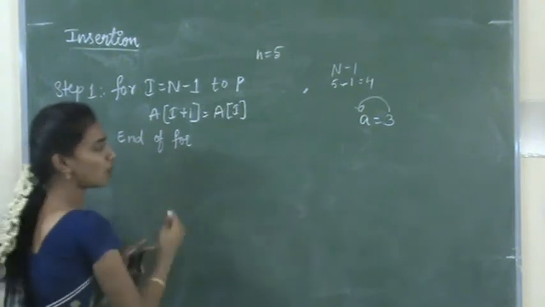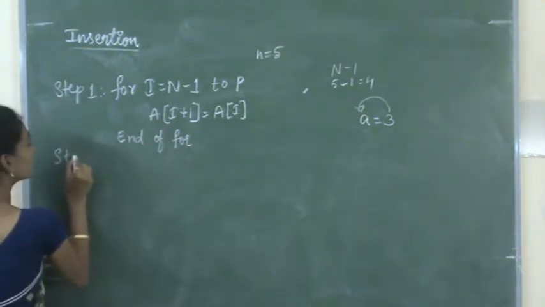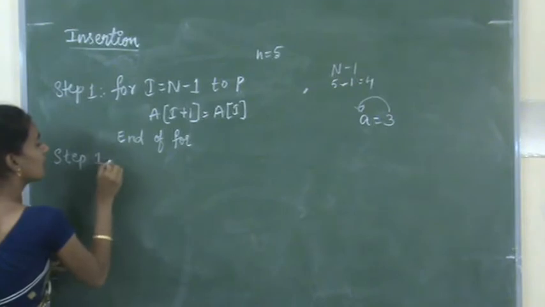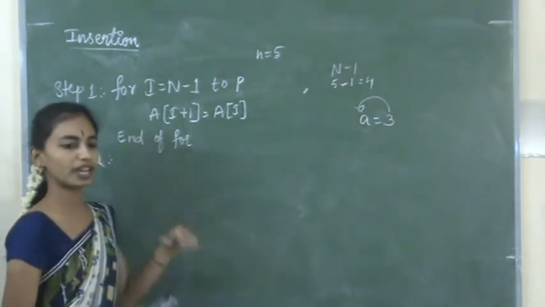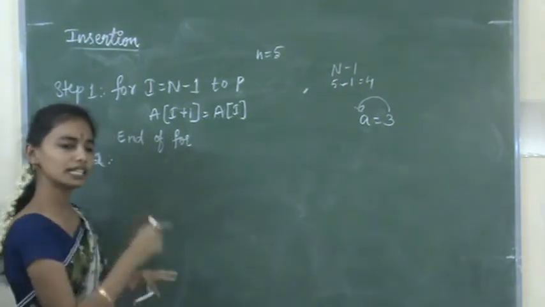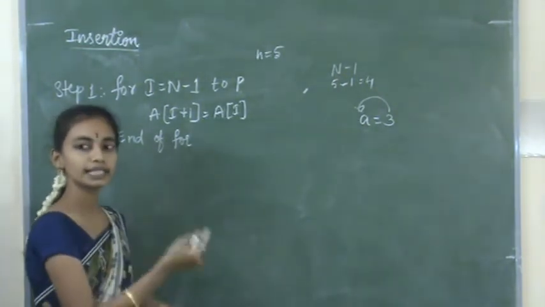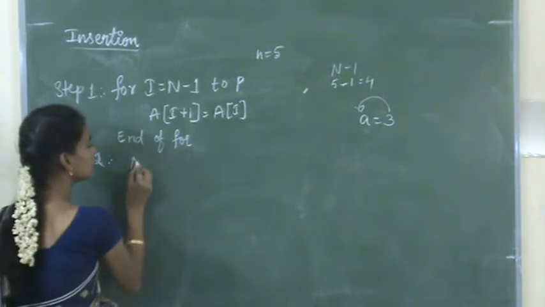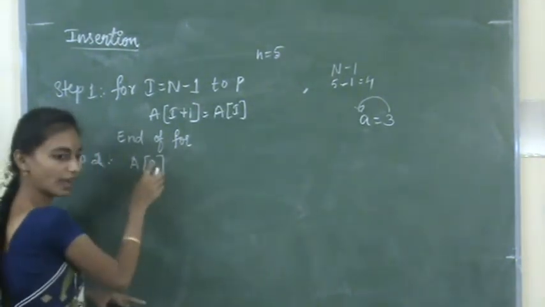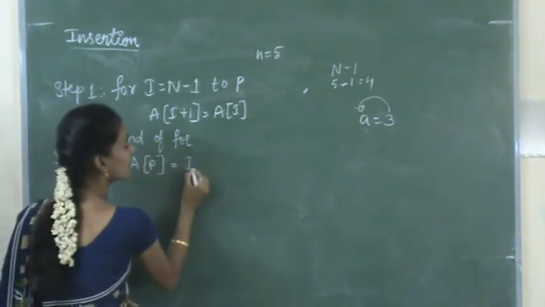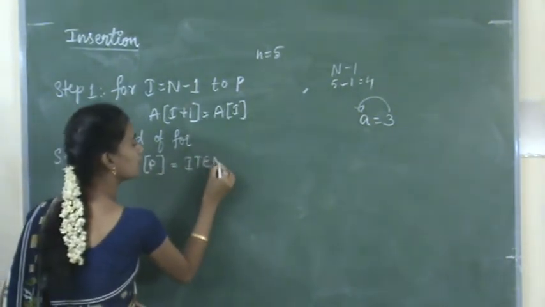So after shifting the elements, we get an empty space at the particular position where we have to insert, right? So in that position we are inserting a new element. That means a of P, the position value, we are assigning the new item.